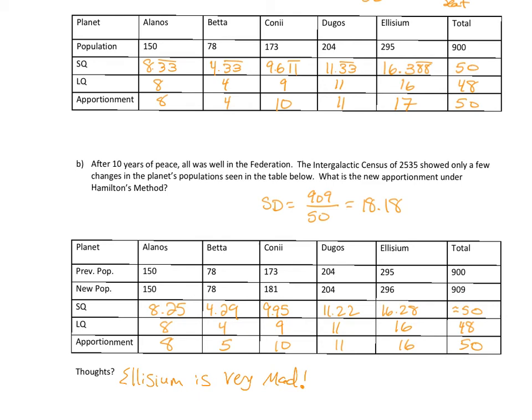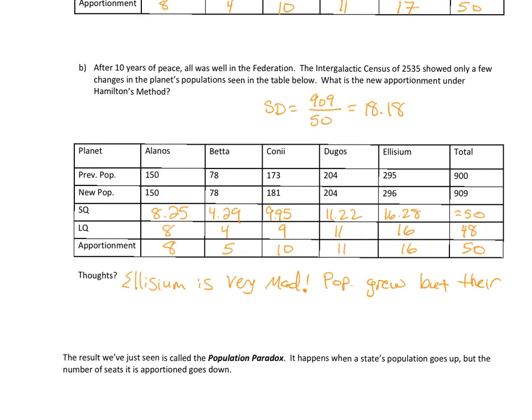Their population grew, but their representation decreased. So that's called the population paradox. It happens if a state's population goes up, but the number of seats it is apportioned goes down.